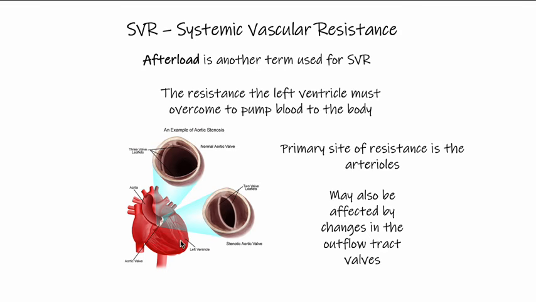So imagine as blood is being pumped from the left ventricle, it's much easier to leave through this wide opening than this narrowed opening. So this would create a significant increase in resistance. Now what we're primarily going to be focusing on in our class is the effect of the arterioles affecting afterload.